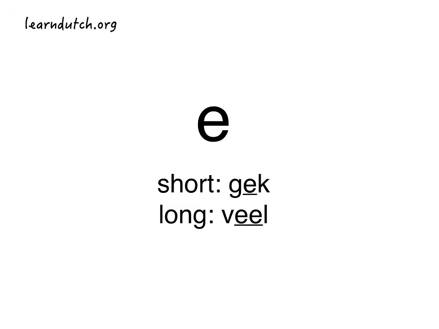The E, the letter E, as short vowel E, as long vowel E. Gek, which means crazy. Veel, which means many.